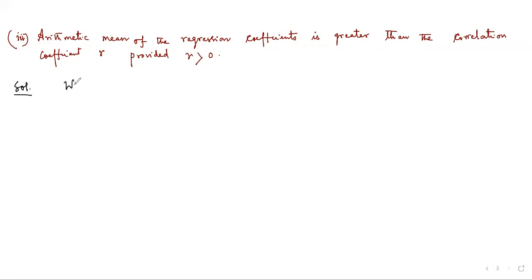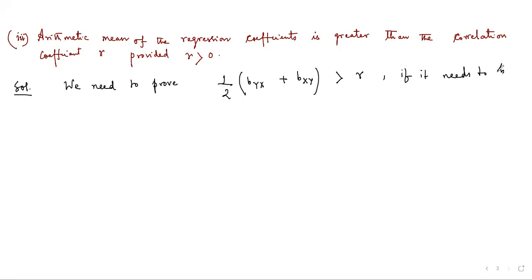According to the statement of the theorem, we need to prove that the arithmetic mean, which means half of the sum of these two items because there are only two, should be greater than R. If this is to be satisfied, we substitute the formula for byx and bxy.